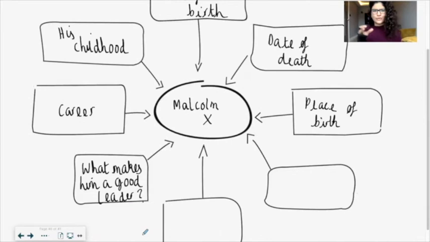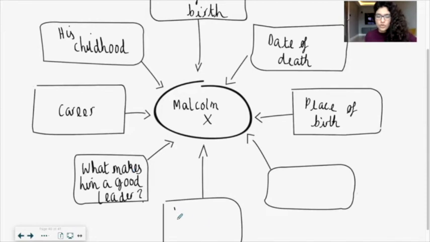And remember, you're not necessarily doing Malcolm X. It could be someone female, it could be somebody else, another male leader. I'm just giving you an example of who I would do, and then the way I would structure my spider diagram. So just have a little think to yourself about a male or a female leader that you admire. So anyway, date of birth, date of death, place of birth, his childhood, career, what makes him a good leader.